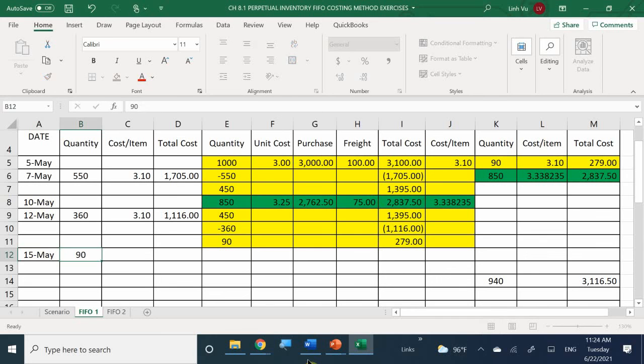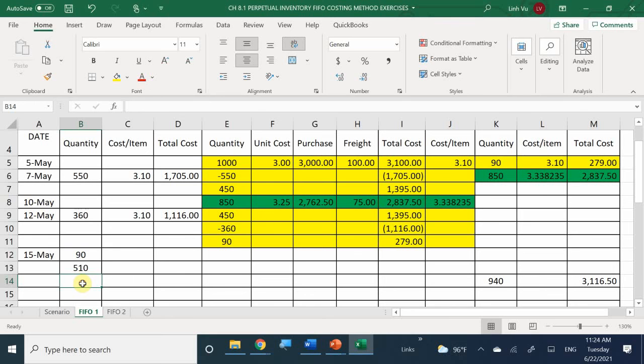We have 90, but our end goal is to sell a total of 600 items. So I'm going to take 600 minus 90 to tell me how much I need to take out from my green batch. I need to sell 510 items to get a grand total of 600 units sold.